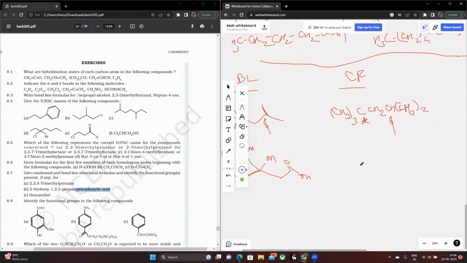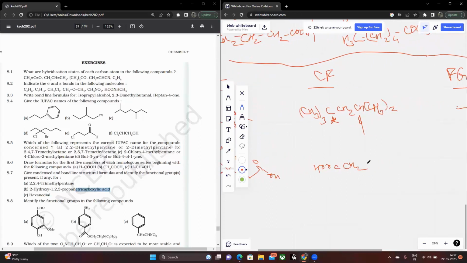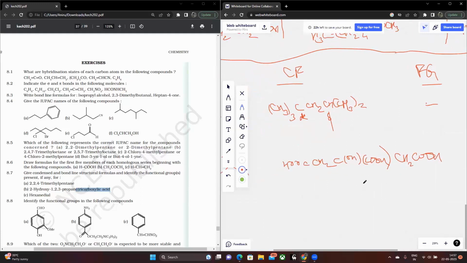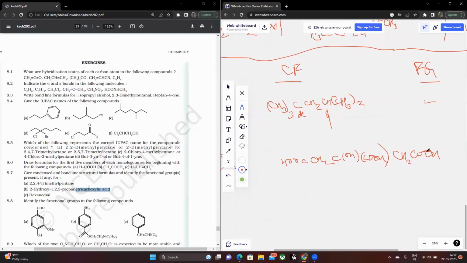The condensed formula will look weird here, but basically I go with COOH, CH2, and then this is a C(OH), COOH, and then you have CH2, COOH. The brackets are there because they indicate that the group belongs to this carbon and not that carbon.